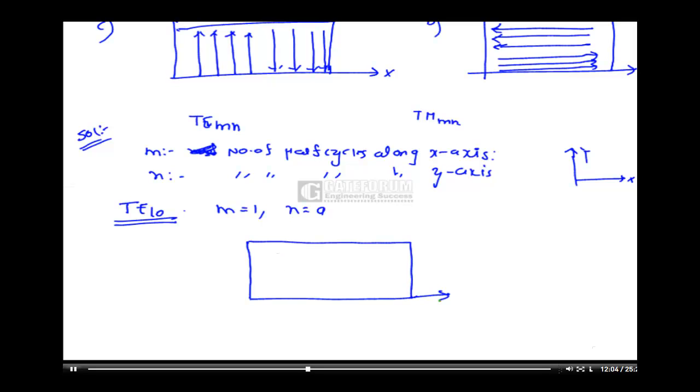Suppose this is x-axis, this is y-axis. So along x-axis 1 half cycle. So here the front view looks like this. This is a half cycle. So TE10. So all only in one direction.